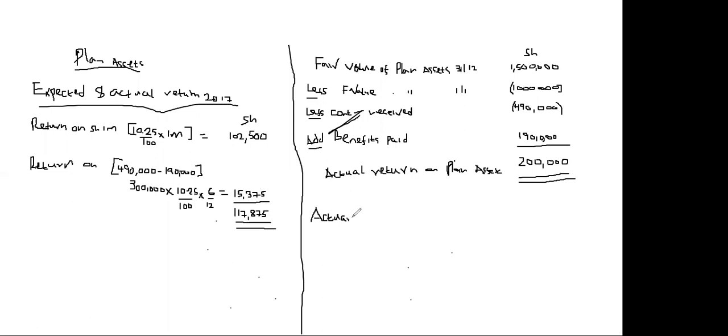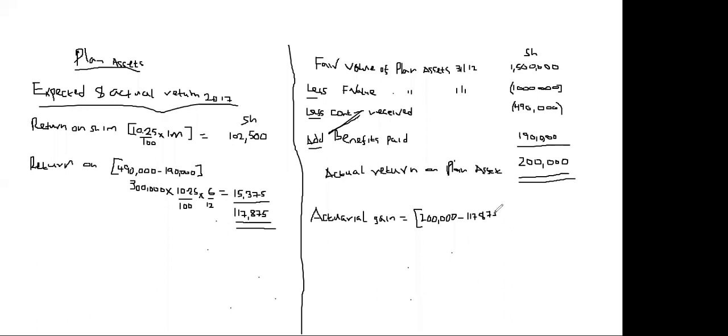So in our case, we will have an actuarial gain of the difference between the two. So you subtract 117,875 from 200,000. So that will give us what figure? 82,125. Other members, have you confirmed? Yeah, 82,125.